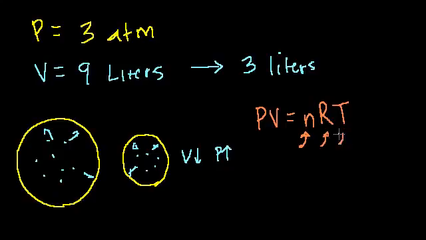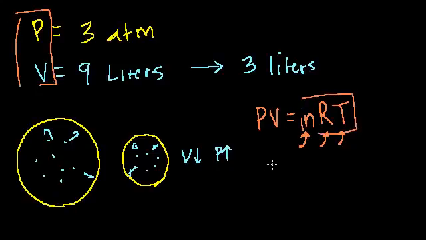And the temperature doesn't change. So my old pressure times volume, P1 and V1, is going to be equal to nRT. And my new pressure and volume, P2 and V2, and we're trying to figure out P2.